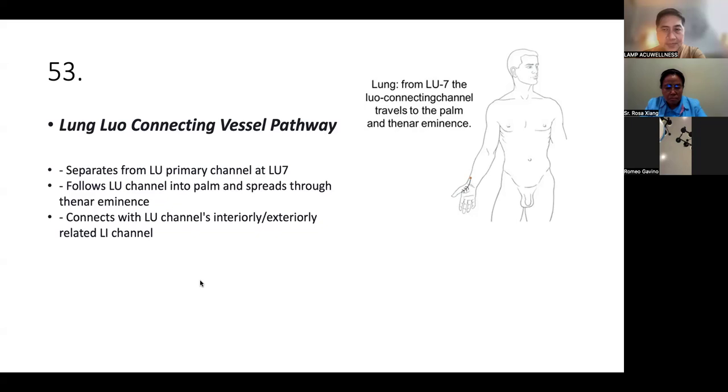What's its number? From Lung 7, the Luo-Connecting channel travels to the palm and the thenar eminence. No, for LI.